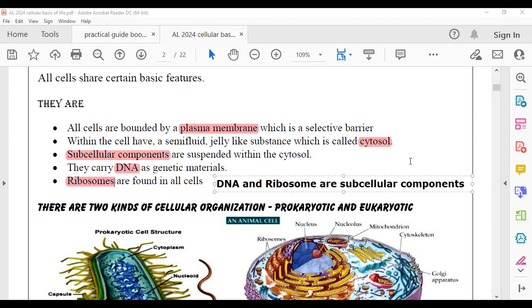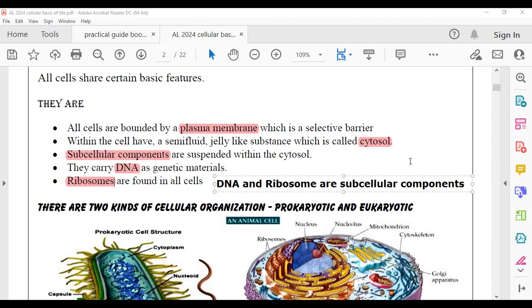Yes, sir. Second one, cytosol. What are the descriptions given to you? Cytosol is a semi-solid or semi-fluid, both are same. Jelly-like, both are same. If you say semi-fluid, no need to say jelly-like.